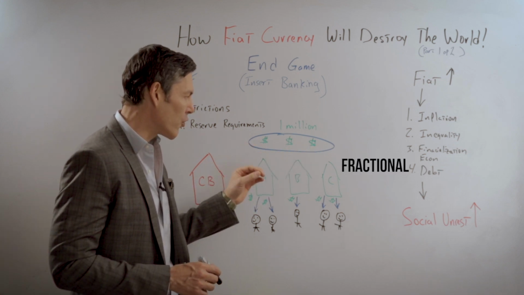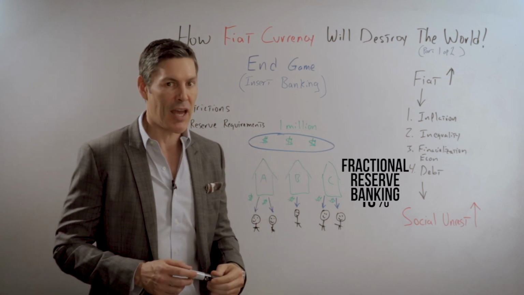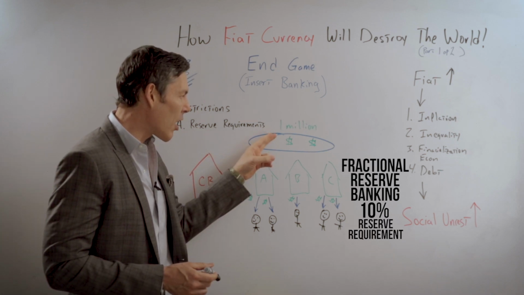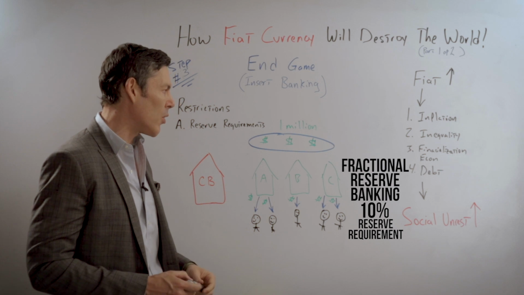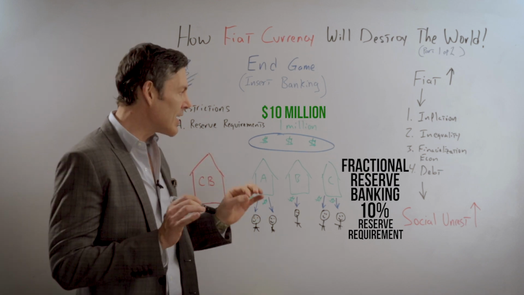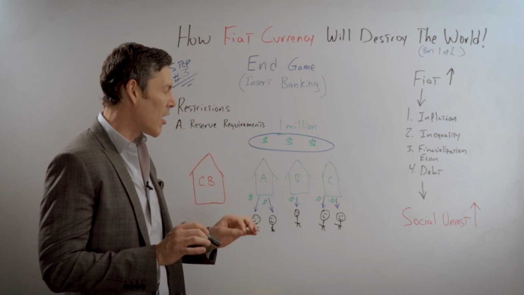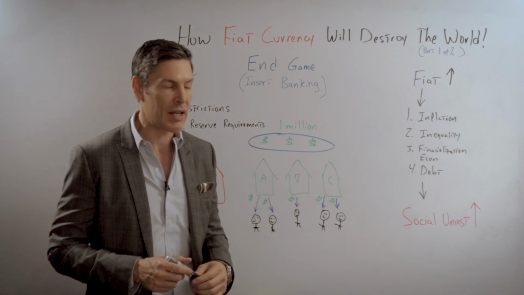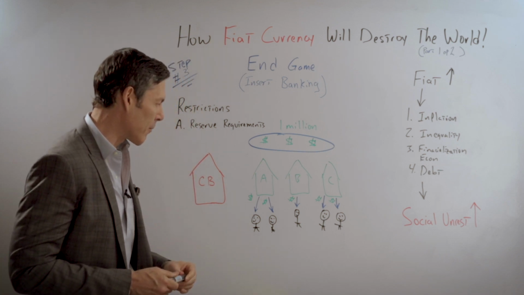So with fractional reserve banking at a 10% reserve requirement, that $1 million can really only be multiplied into $10 million. So there is a limit on how much money can be printed or created out of thin air.